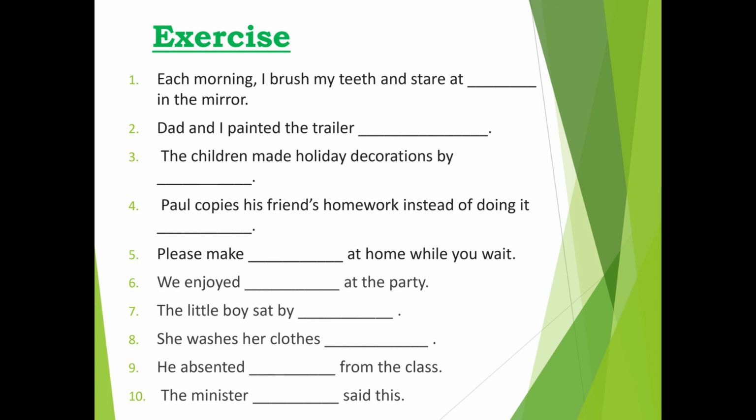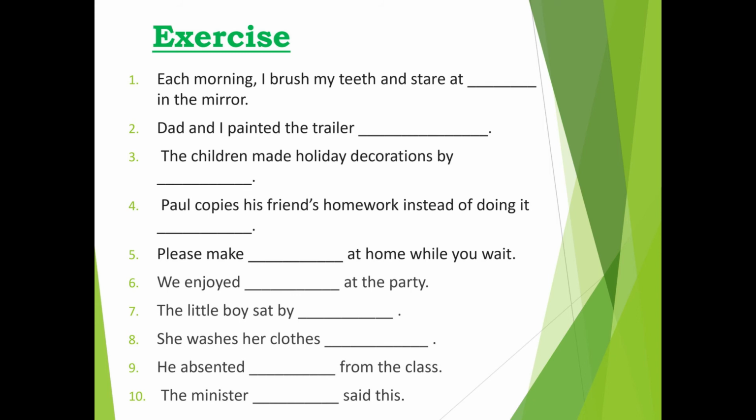Next, the children made holiday decorations by dash. So here the children are third person. So here we will use themselves because they are more than one. The children made holiday decorations by themselves.